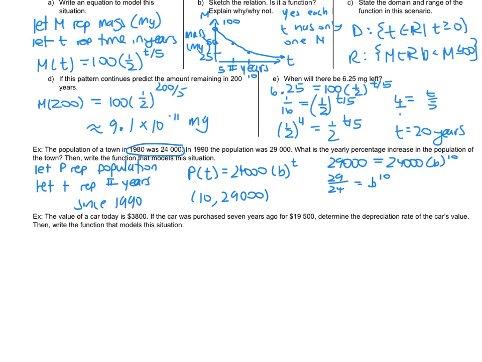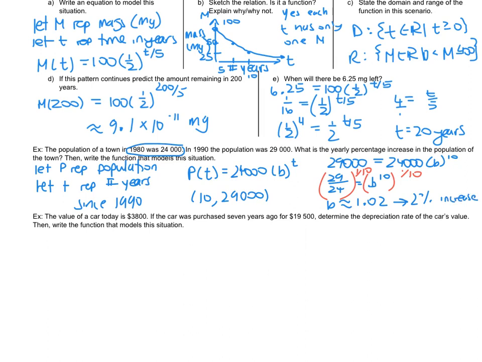I can either take the 10th root of both sides, but not all calculators have that. So instead, I'm just going to raise both sides to the power of the reciprocal, which is 1 over 10. And when I do that, I get a base that is approximately 1.02, which means it was a 2% increase.